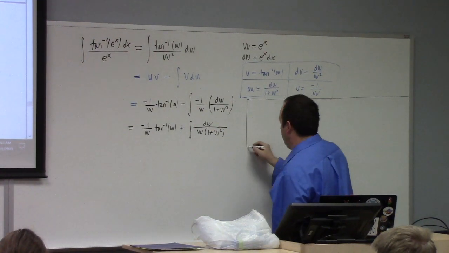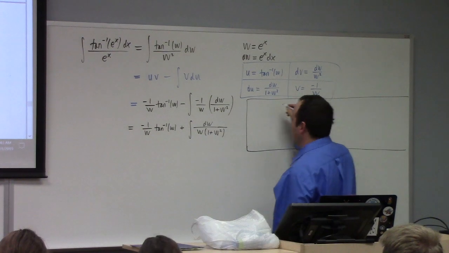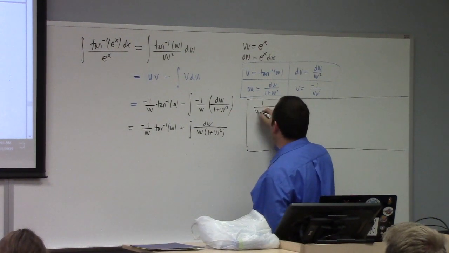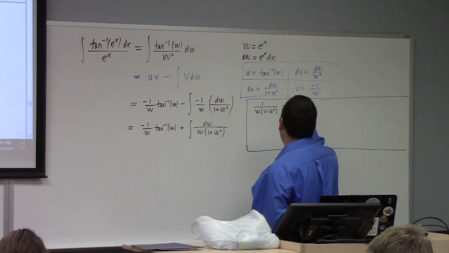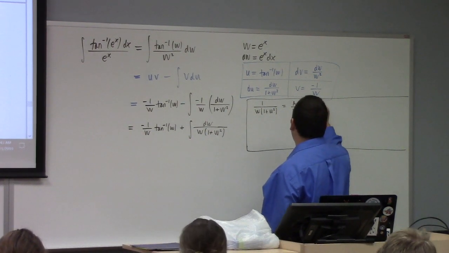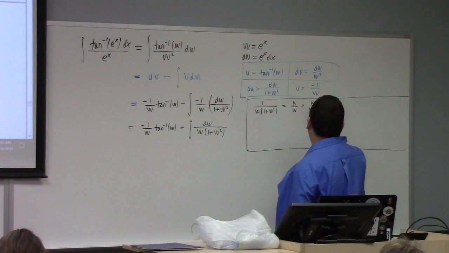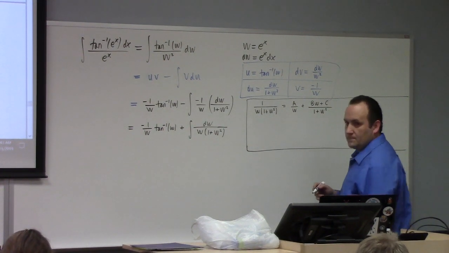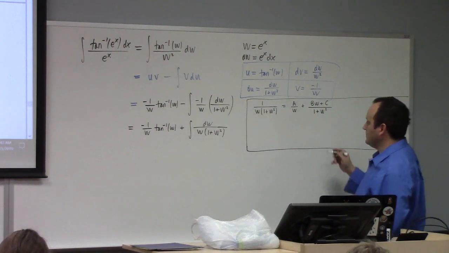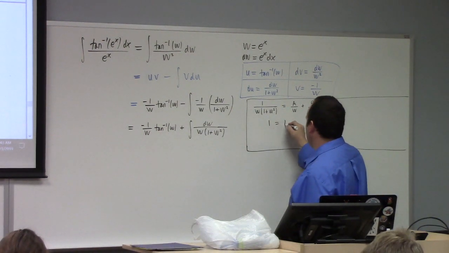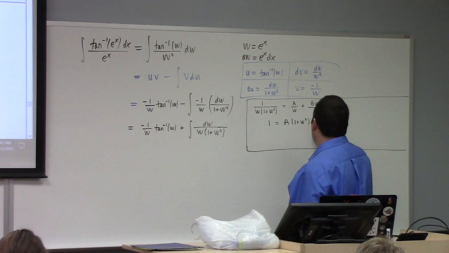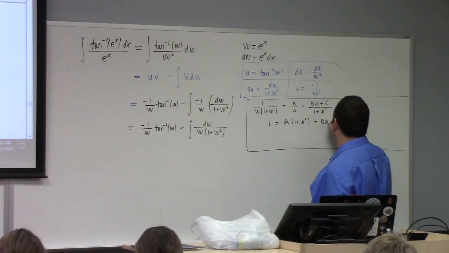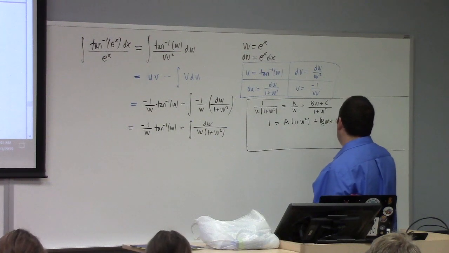Partial fractions, right? So I should let 1 over w times 1 plus w squared equal a over w plus bw plus c over 1 plus w squared. We need to work this out, right? So we have 1 is a times 1 plus w squared plus bw plus c times w.